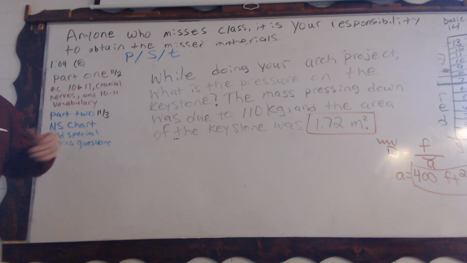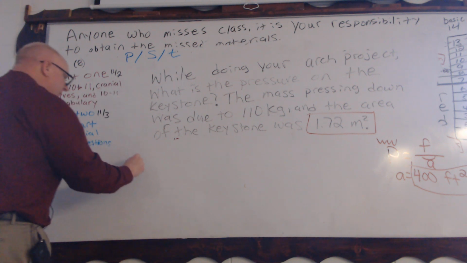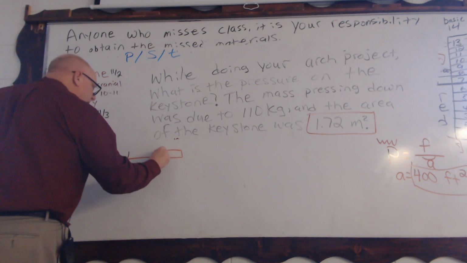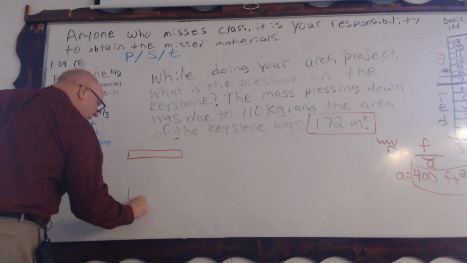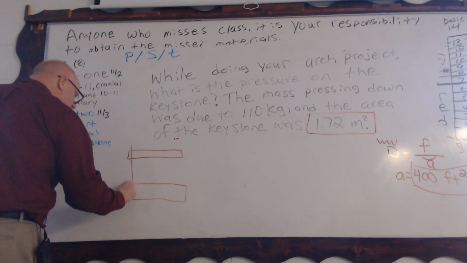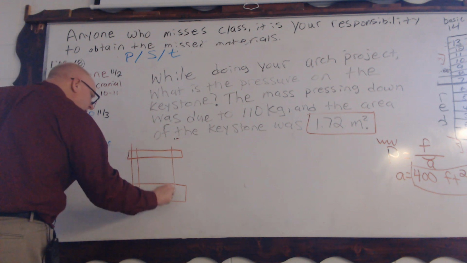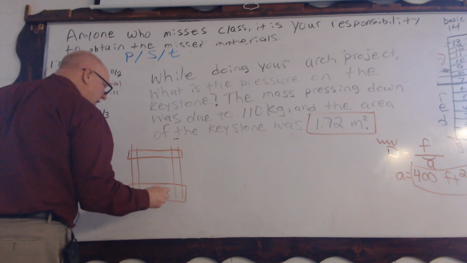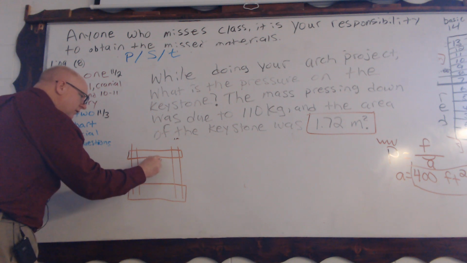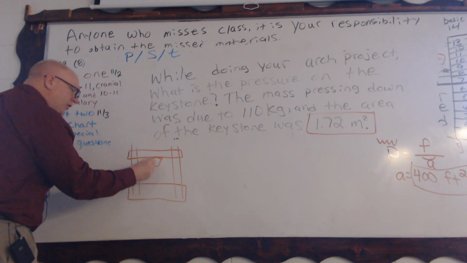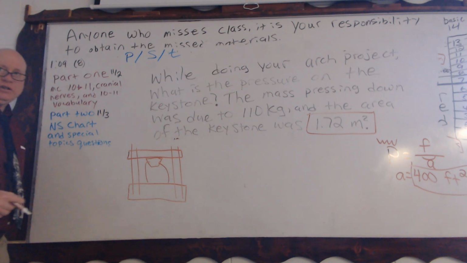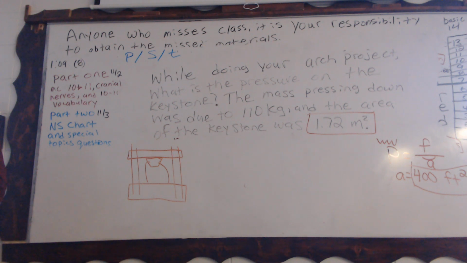So what had happened is, remember when we were doing this project, okay? So maybe this will help us out here. Here was that top piece of plywood. Then you had a bottom piece of plywood. And then you had these 4 wooden dowels. And then you had this structure right here. And what did we call this right here? It had a specific name. Keystone. That was your keystone.